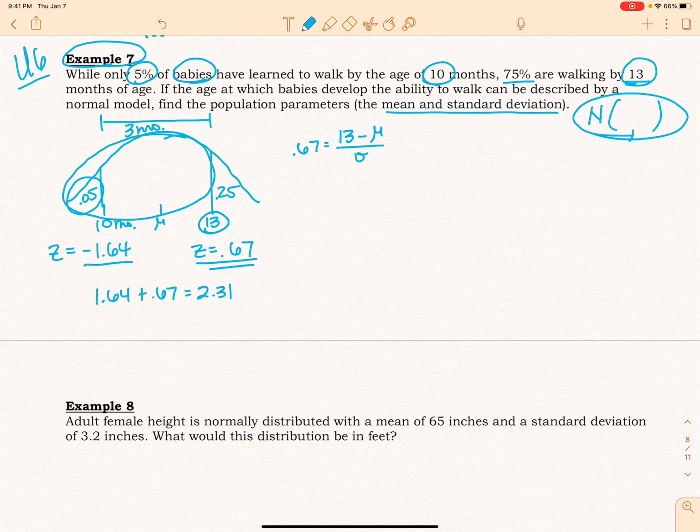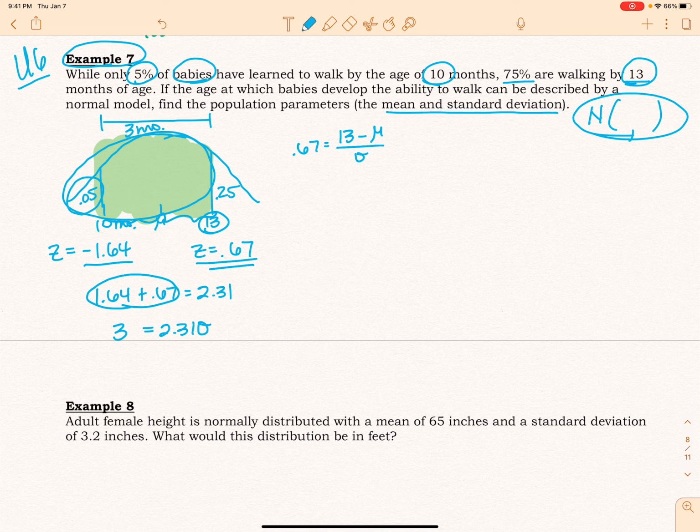Well, in this 3-month area, this distance and this distance, these two things right here, is representative of 3 months. So as an estimate, I know that 3 months is equal to 2.31 standard deviations.